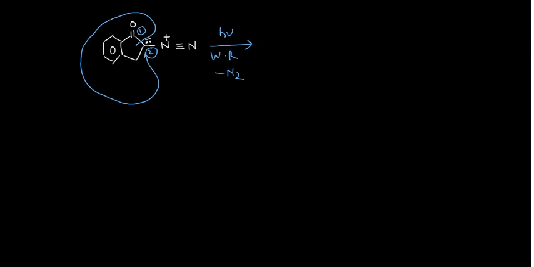Okay, and again the important thing is that this is carbon number 1, this is carbon number 2, so the 1-2 shift would occur in that case. So if you shine light on this, that means the Wolff rearrangement is taking place, nitrogen will be removed in that case. So how will it go? So this bond will cleave and this will shift onto this particular carbon, and this will remove from here, right?